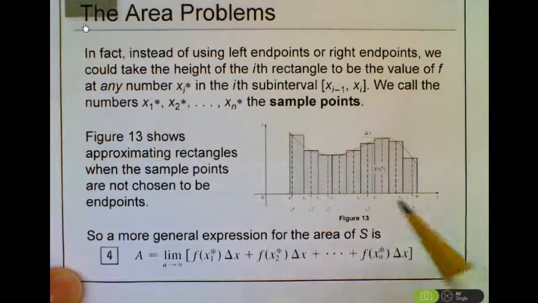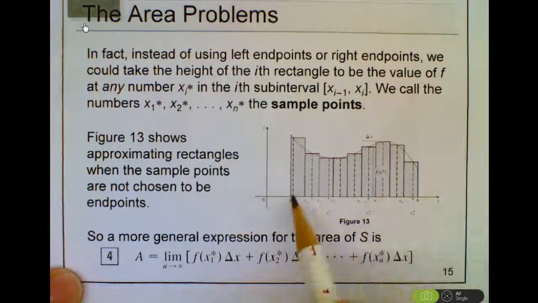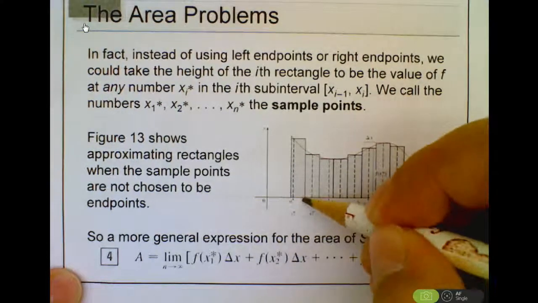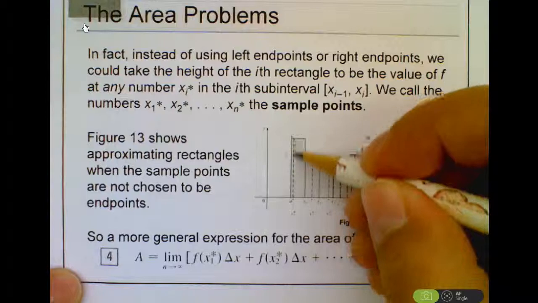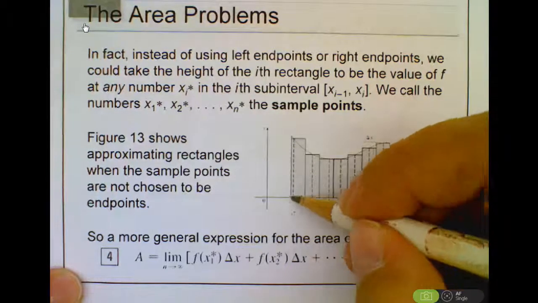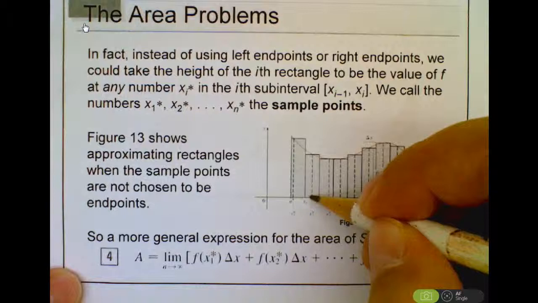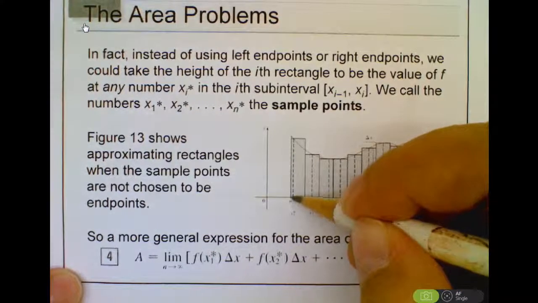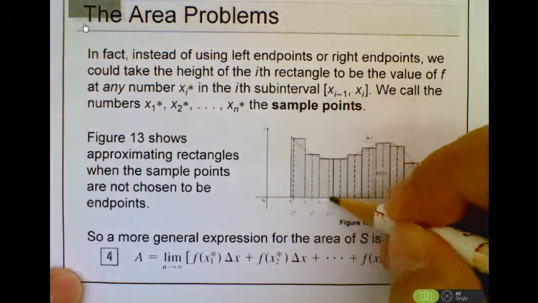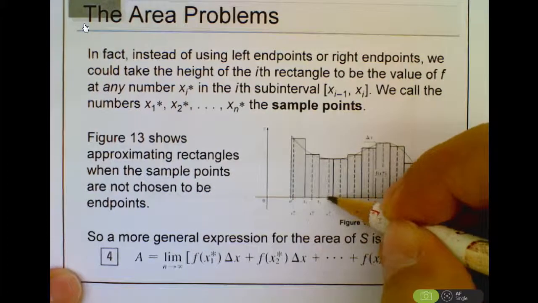And it can be shown that if we have all these rectangles, we can not only use the left side or the right side as the height of the rectangle, we can use any x within the interval. In here we're using an x that is very close to the left side, in here we're using the one in the middle, and in here we're using one that is close to the right endpoint.